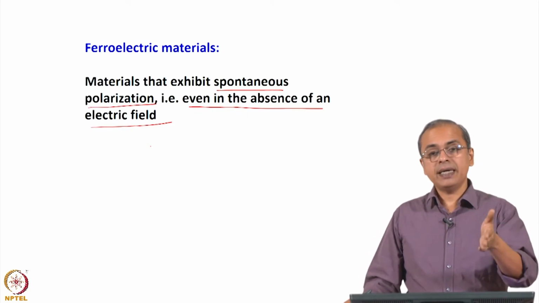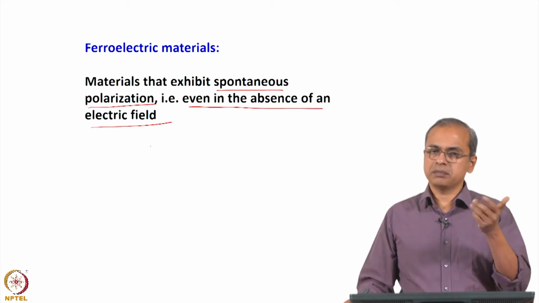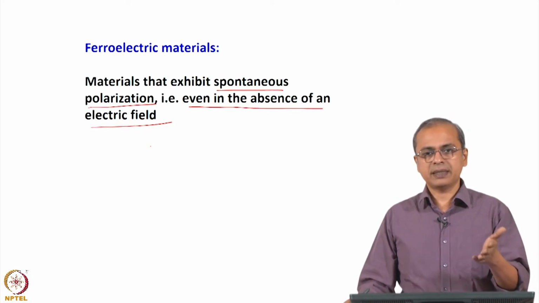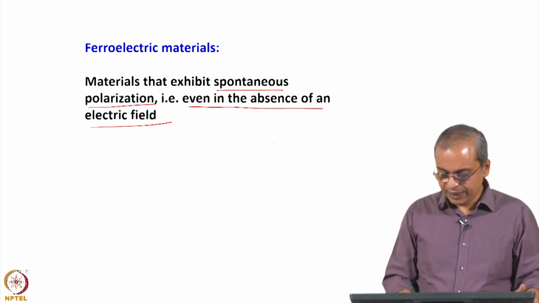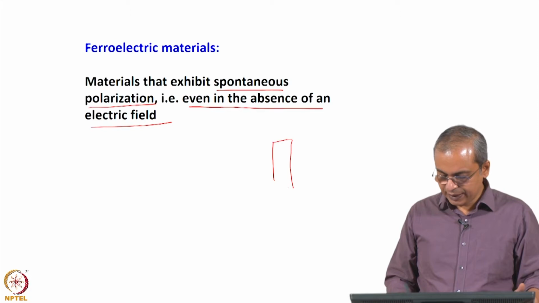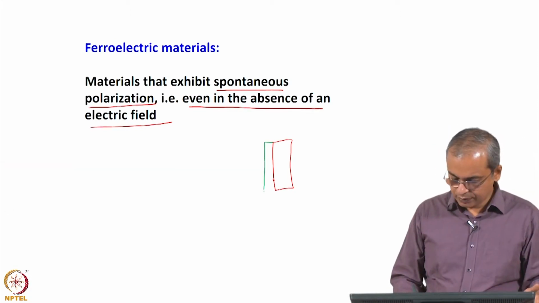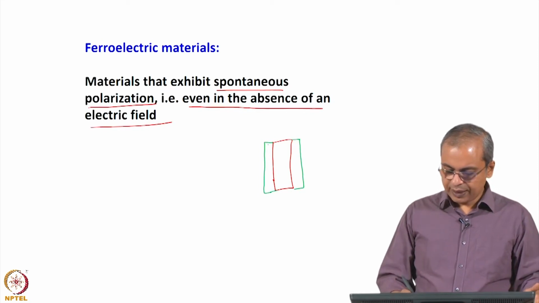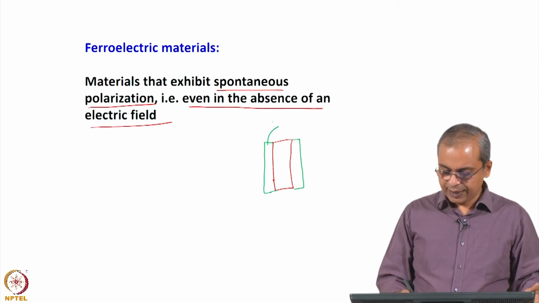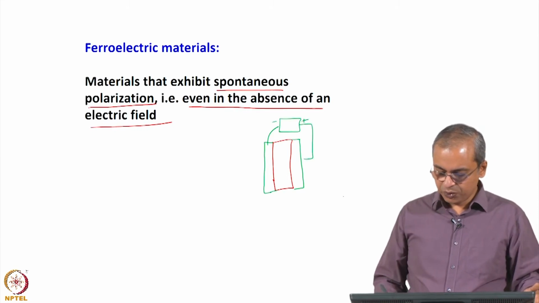But if you take any insulating material, let us say some zirconium oxide, and put 2 electrodes on either side of it, it behaves like a dielectric material. You put this material here, and on either side you put 2 electrodes, and let us say you connect this to the negative of a battery, and that to the positive of the battery.